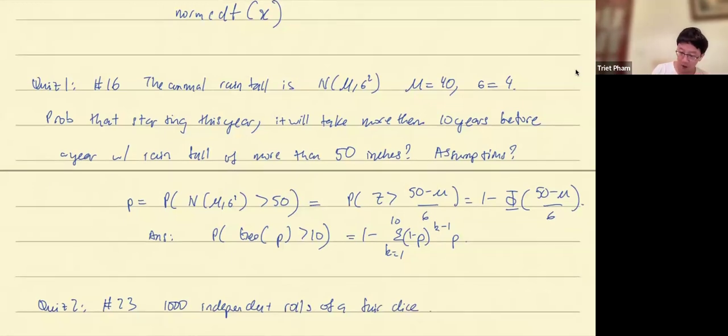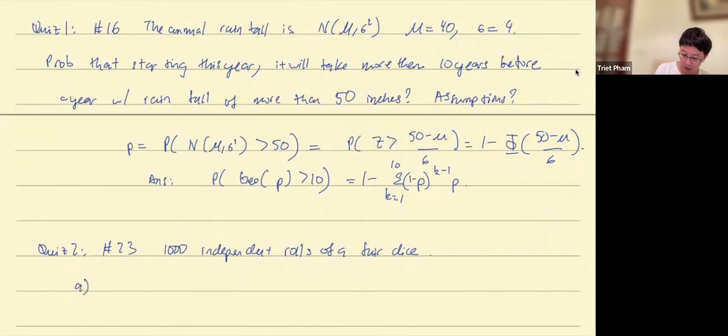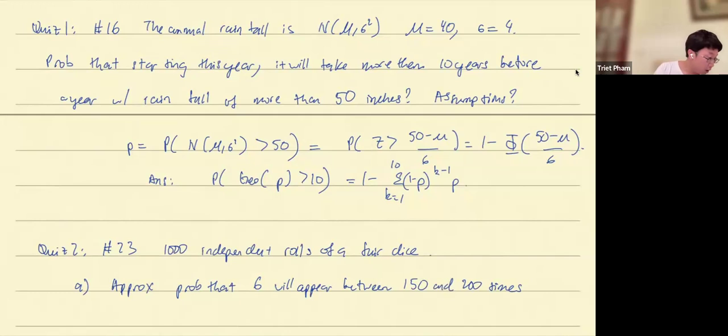So two questions really. Approximate the probability that 6 will appear between 150 and 200 times. I guess the word is inclusively.